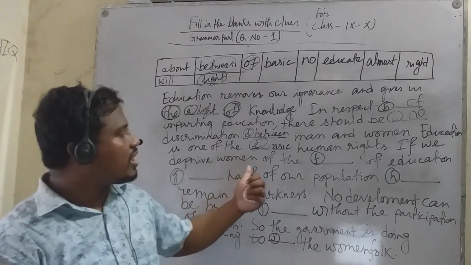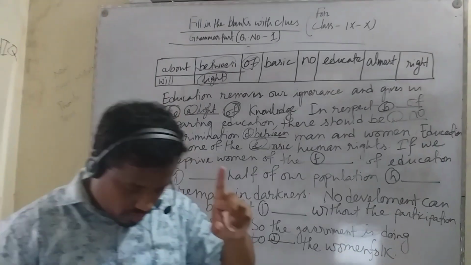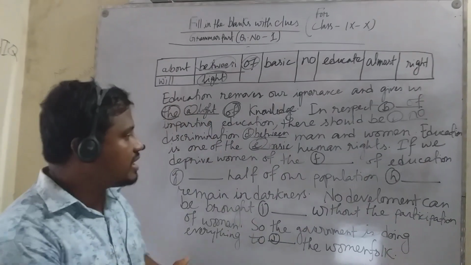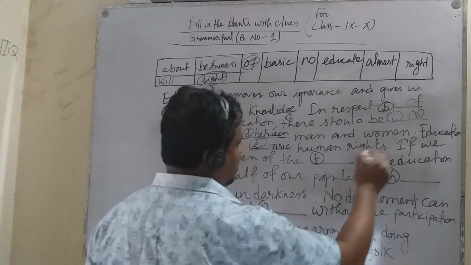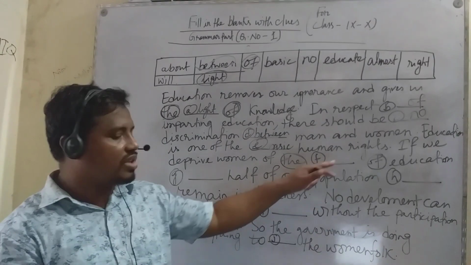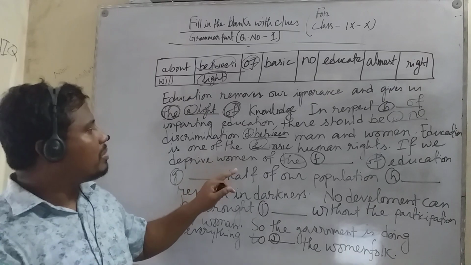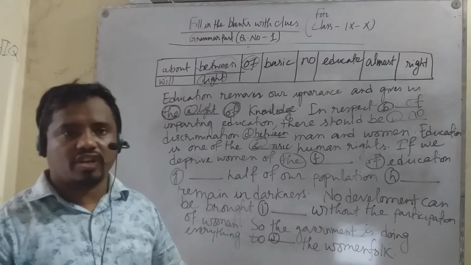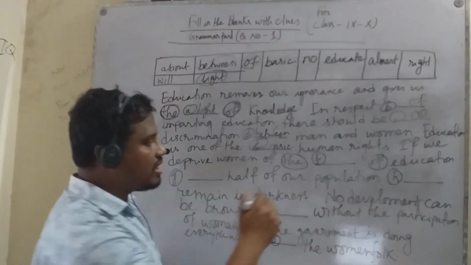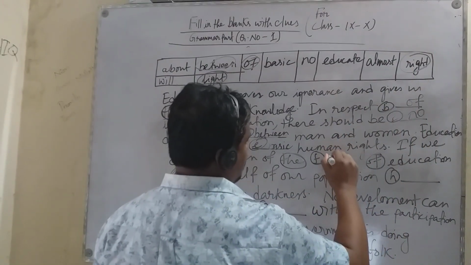If you deprive women of the dash of education, again the first rule, the use of noun that I have discussed with you: the gap is followed by a preposition and it is preceded by an article. So you have to use a noun here. Deprive women of the right of education. If we deprive women of the right, then we have to use right. Right is a noun here.